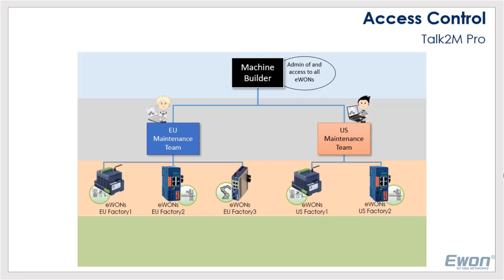We would like to allow the members of our maintenance teams to administer and access E1s, but only the E1s in their regions. In addition, we'd like to provide our customers with M2Web access to their E1s, but we need to make sure they are restricted to only the E1s on their own machines.